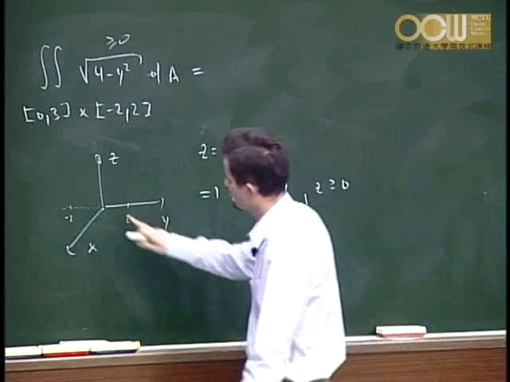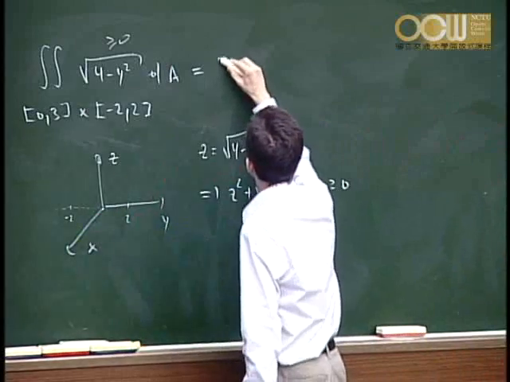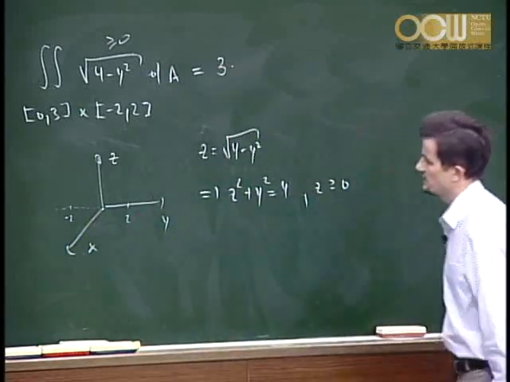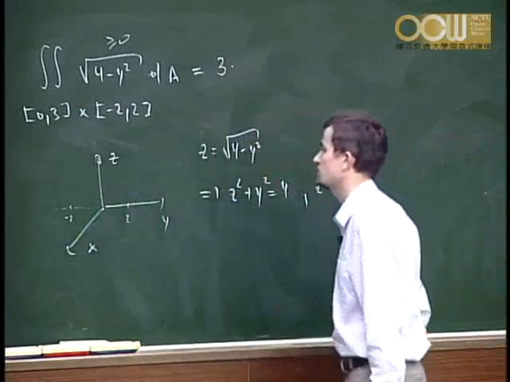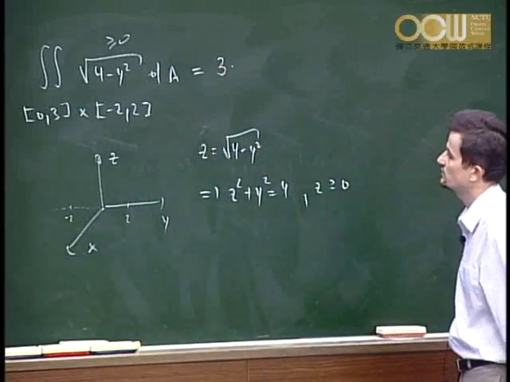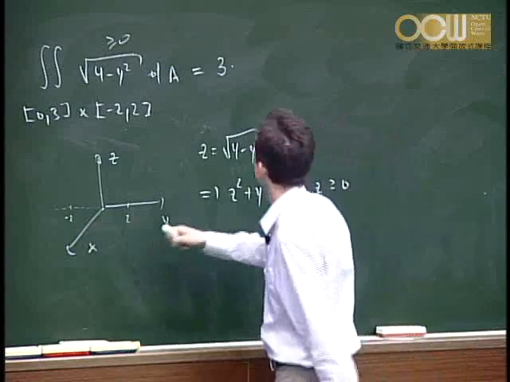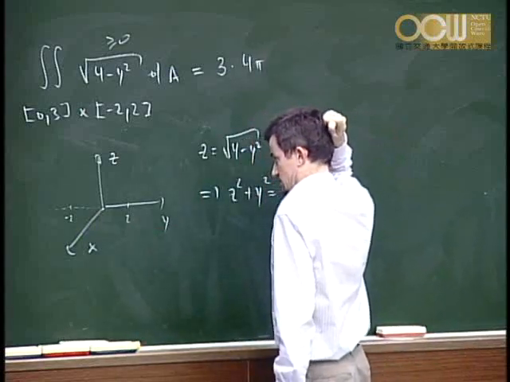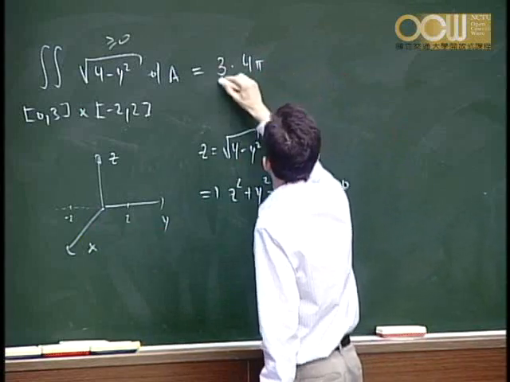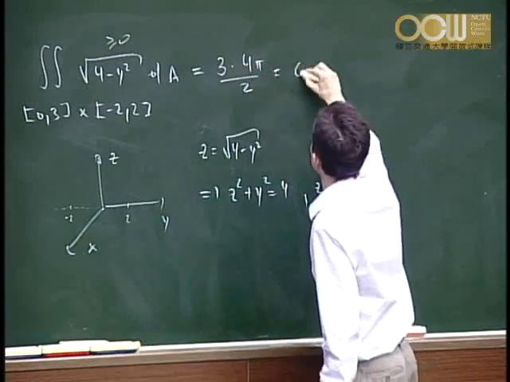What we have is the height of this cylinder is 3, and you have a circle. This is a circular cylinder, so the circle has base radius r equal to 2. So what you have is 4 times pi, and then half, which is 6 pi.